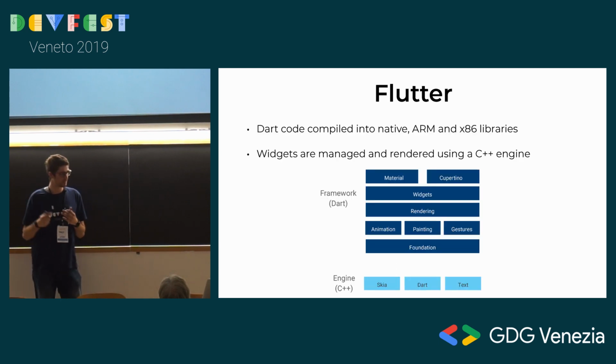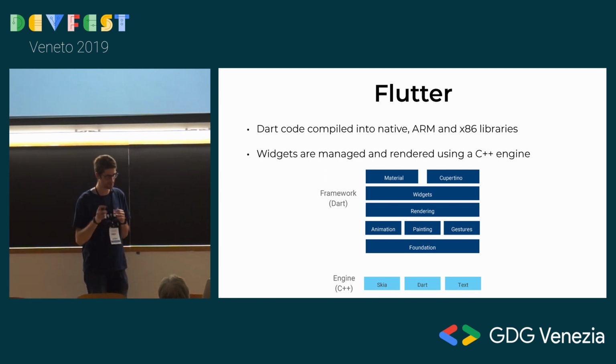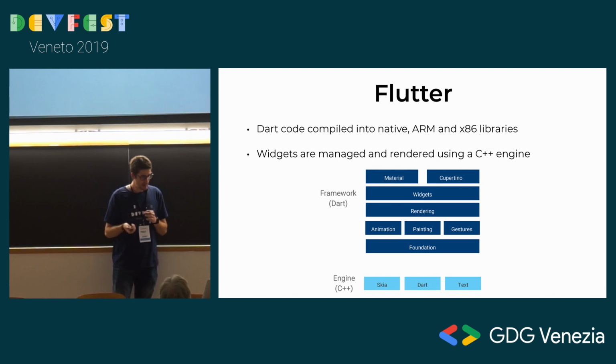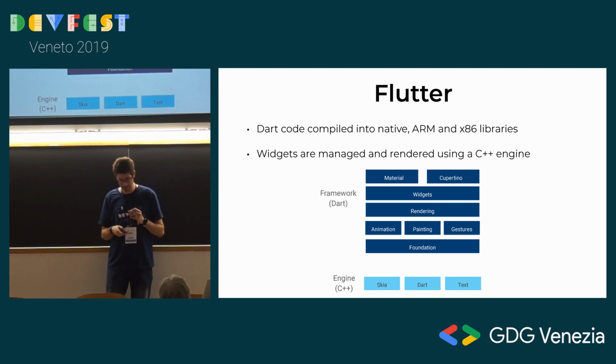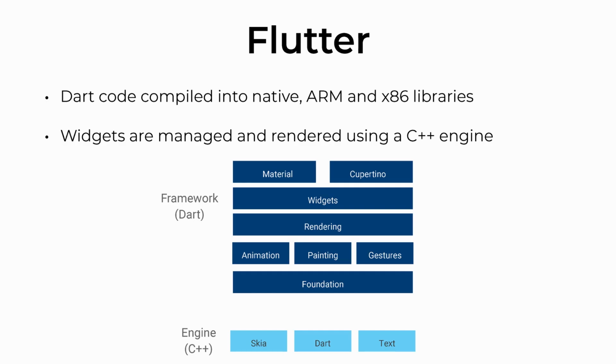Flutter instead uses an engine written in C++, and also the bridge of React Native is written in C++, just FYI. And there is an engine with a graphic library, and the graphic library is Skia, that maybe you have already heard about because it's used in Android and Chrome.